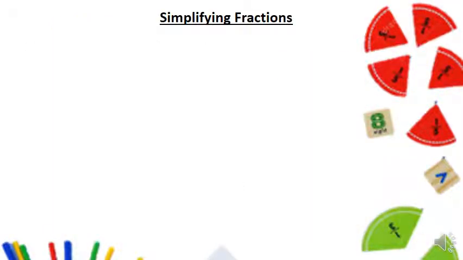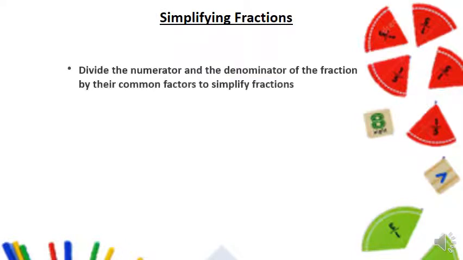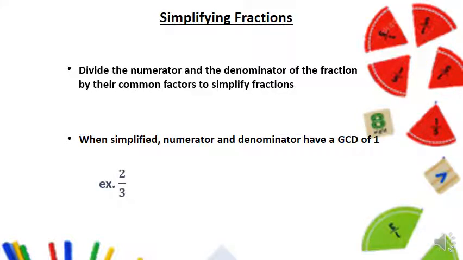Let's talk more about simplifying fractions. To simplify a fraction, we have to divide the numerator and the denominator by the same number, which is a common factor of both the numerator and the denominator. When a fraction is simplified, there will be no common factor between the numerator and the denominator. Example, 2 over 3.